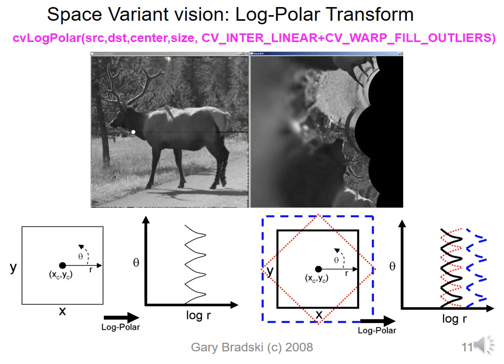From center to here, the image is, from here to here, and as the angle increases, the radius becomes increased.